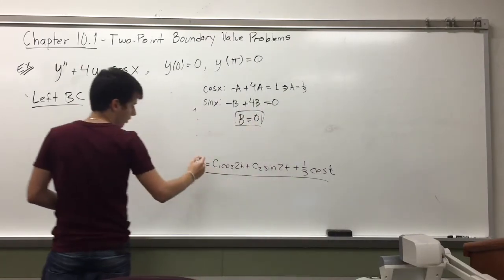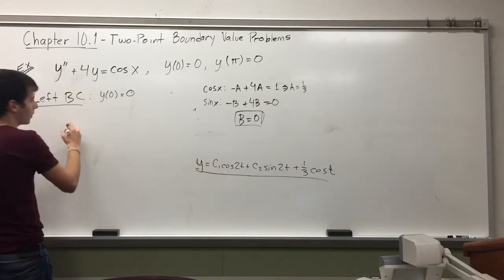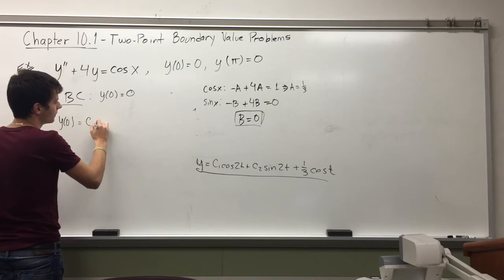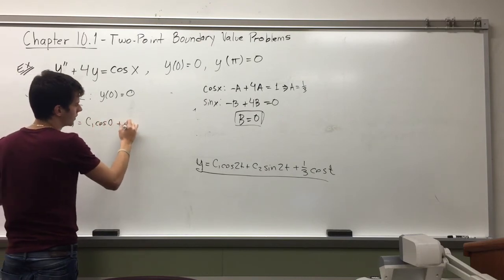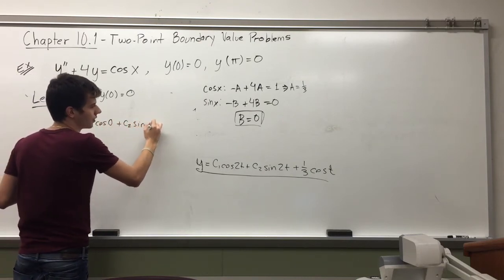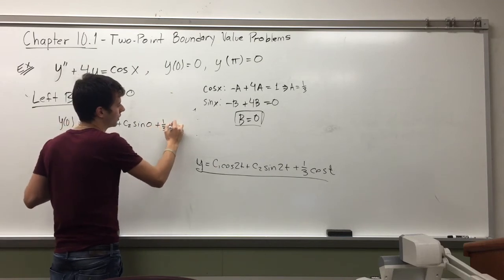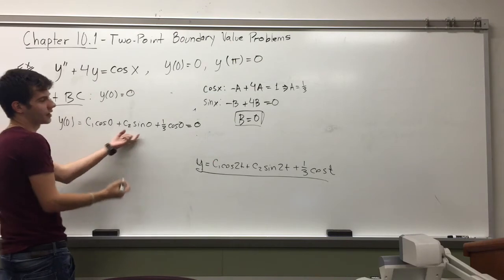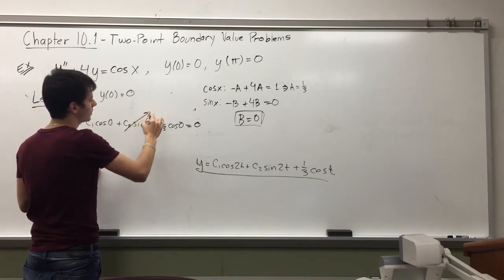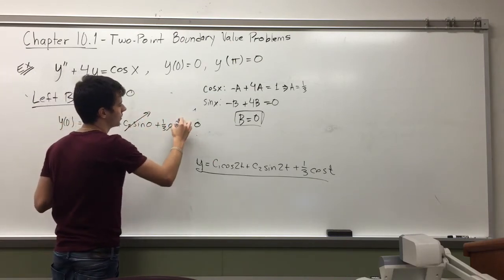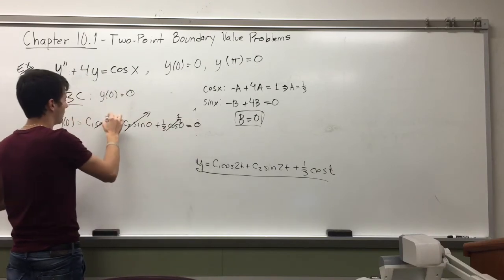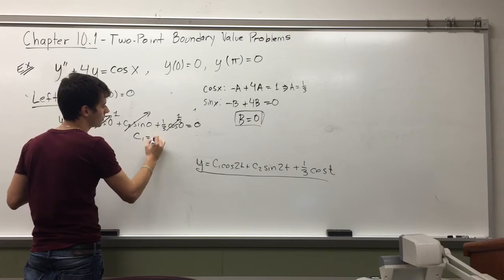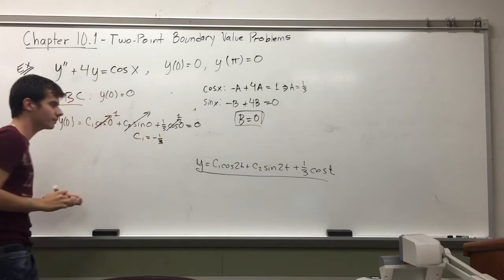If we plug it into our general solution, we're going to get that y of 0 is equal to C1 cosine of 0 plus C2 sine of 0 plus 1/3 cosine of 0 is equal to 0. Sine of 0 is equal to 0, so this term vanishes. Cosine of 0 is equal to 1, and this is also 1. So we know that C1 is equal to negative 1/3.